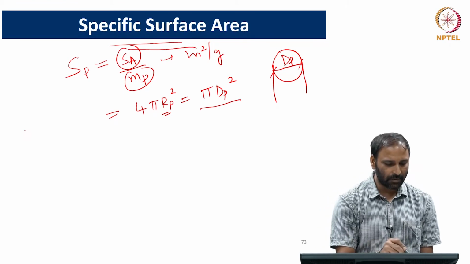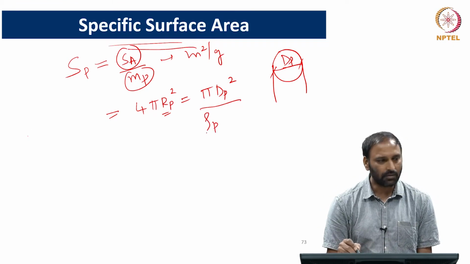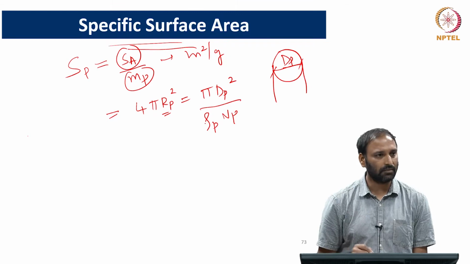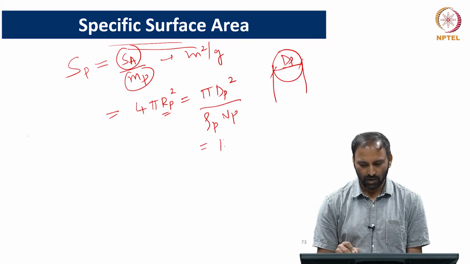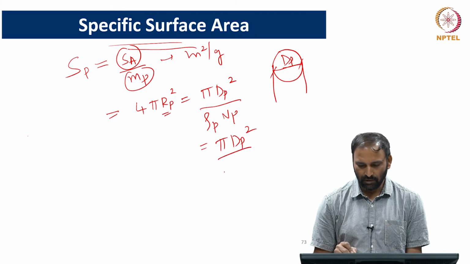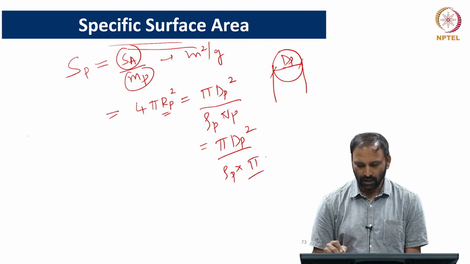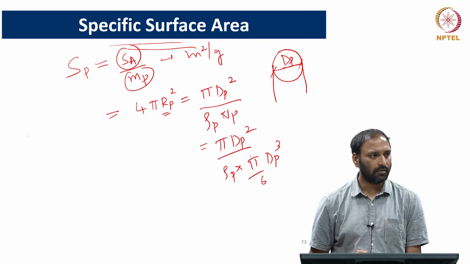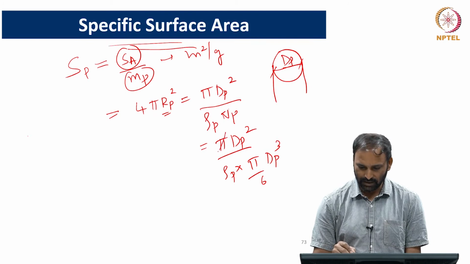Mass of the particle is going to be density of the particle times volume of the particle. So, this is pi dp square divided by rho p into the volume of the particle, which is pi by 6 dp cube. So, that gets cancelled, and that also gets cancelled.